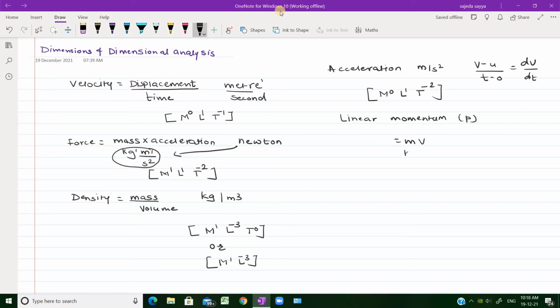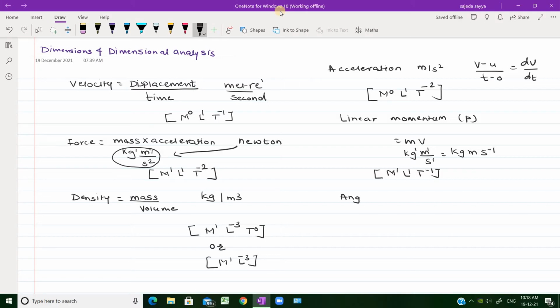So kg, velocity is meter per second, and it can be written in a simplified form as s raised to -1, shifting this s to the numerator. So the dimensions are M¹ L¹ T⁻¹.